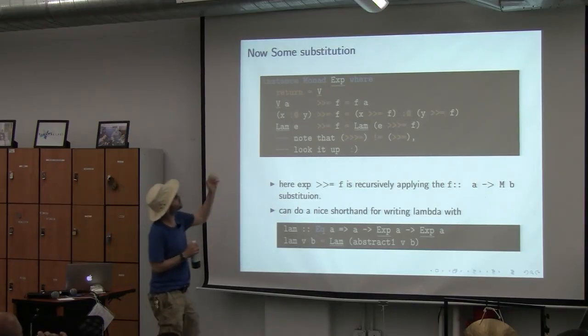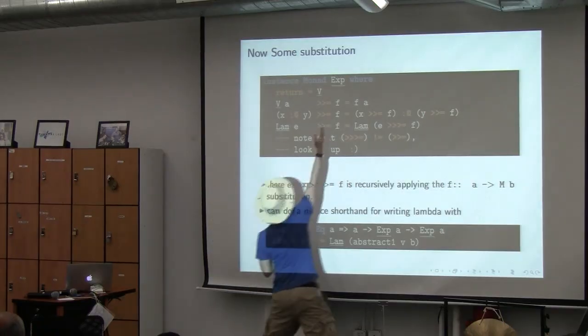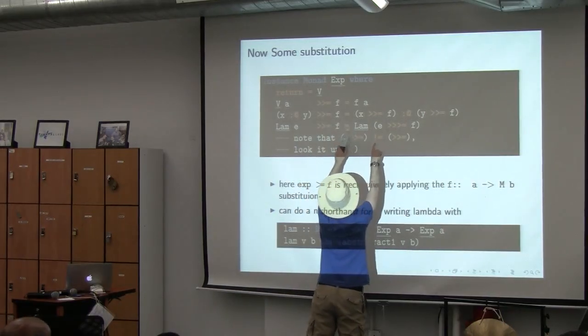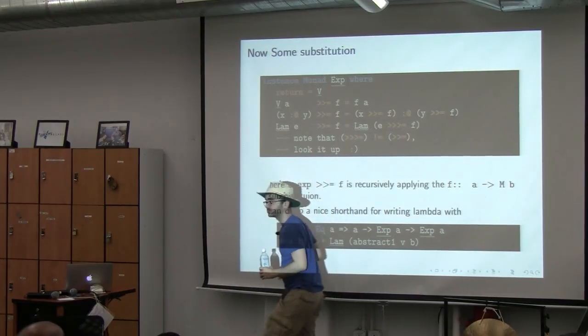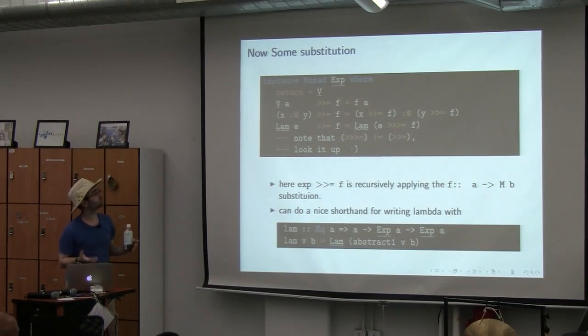So how do we define that substitution, that monadic bind? We're applying a substitution to a variable A. We apply that mapping and look up a value. Either it acts as the identity and we just get a new VA, or we replace it with a lambda or something else.